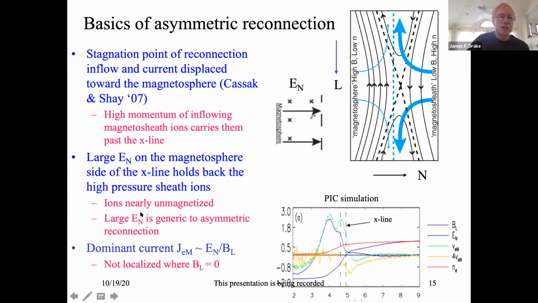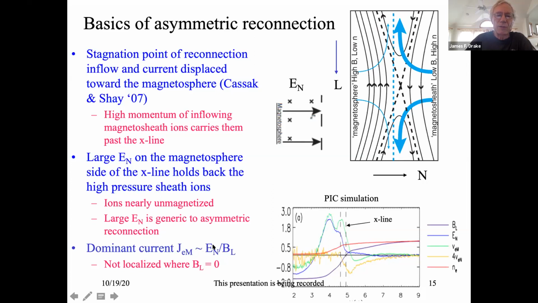And this E normal is generic to asymmetric reconnection. What you notice here is that the profile of E normal overlaps very well with the electron current, the out-of-plane current. And this out-of-plane current is basically driven by that normal electric field.